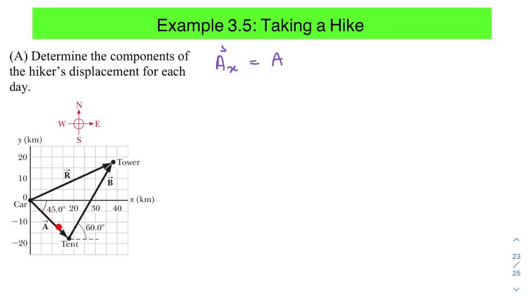Sin or cos? Which one? Here. Okay, your angle is here. So to have AX must be cos. Why is it cos? Because the component of your A is lying there.